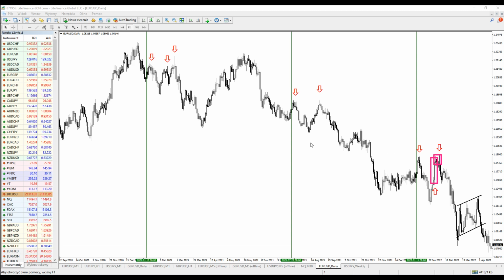With that being said, if you are looking for the continuation or a change of direction, you have to see the shadow count, and usually you are going to see that on a higher time frame.